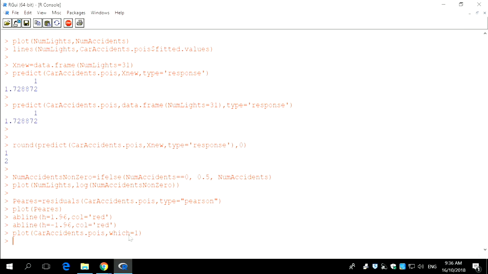But in the lecture notes, we have clearly pointed out the meaning of the Pearson residuals. So using Pearson residuals to identify the outliers is more straightforward. That's just my suggestion.